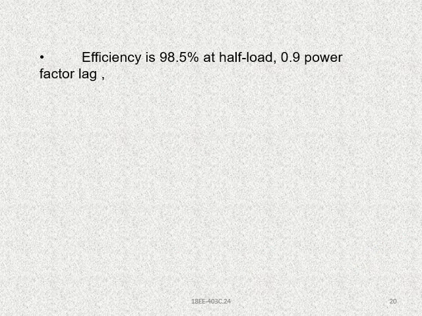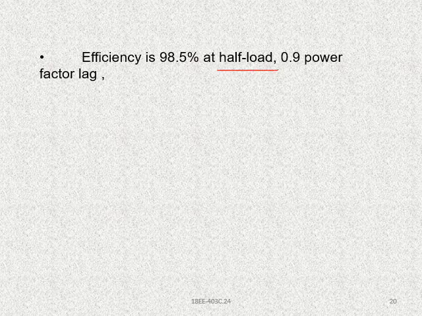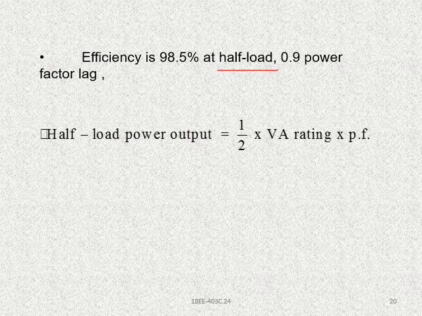And the second condition, the efficiency is 98.5% at half load and 0.9 power factor lag. So here the half load power output is equal to half into VA rating into power factor. In the previous problem we saw 6 by 5th load, so we multiplied with 6 by 5 for power, and for copper loss 6 by 5 square.